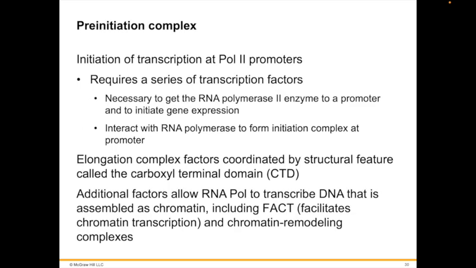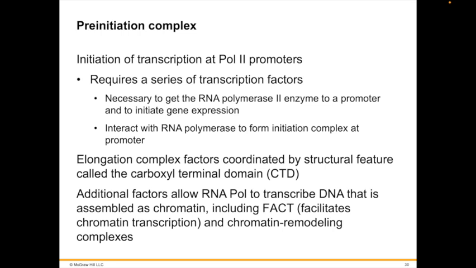As far as the initiation of transcription at polymerase 2 promoters, it requires a series of transcription factors. These transcription factors are necessary to get the RNA polymerase 2 enzyme to a promoter and to initiate gene expression. They interact with RNA polymerase to form the initiation complex at the promoter.